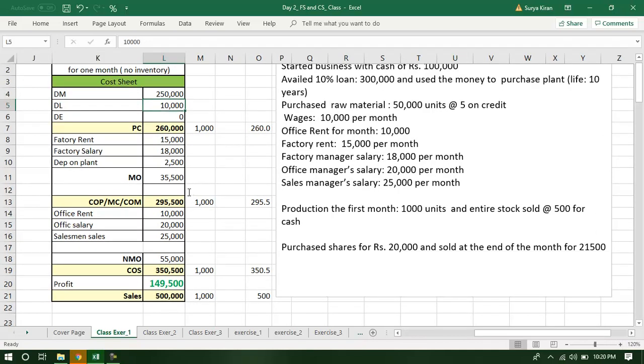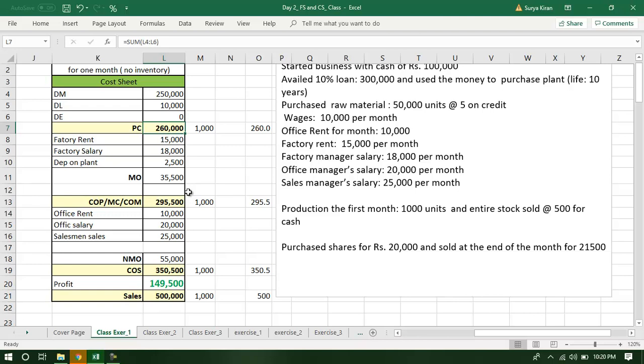Direct labor is the wages, so 10,000, and there is no direct expense, so the summation of this is called the prime cost or direct cost. So the prime cost per unit of output is 260 rupees. And the total prime cost is 260,000. Prime cost is also called the direct cost.